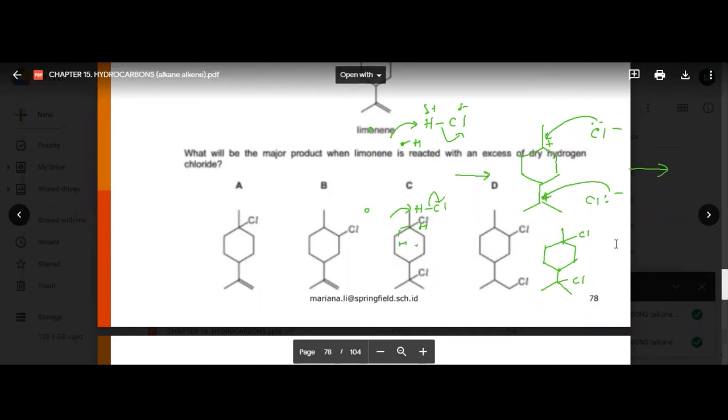Why C? Why not A, for example? Since the question says it is reacted with an excess of dry hydrogen chloride. If not in excess, maybe only one double bond would be added by HCl. But since the question already states excess hydrogen chloride, all double bonds will undergo addition reactions with hydrogen chloride. That's why C.